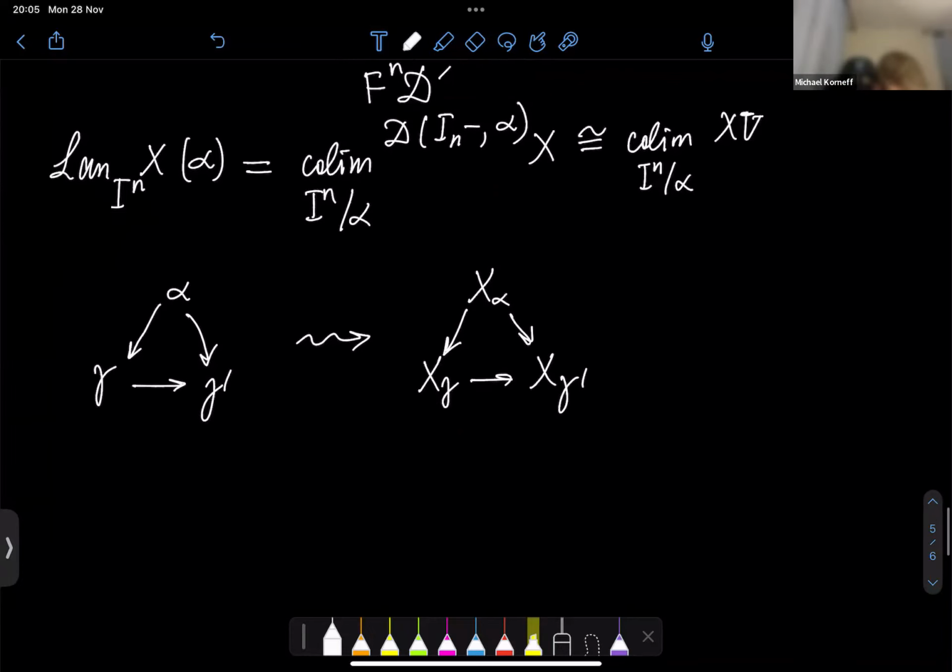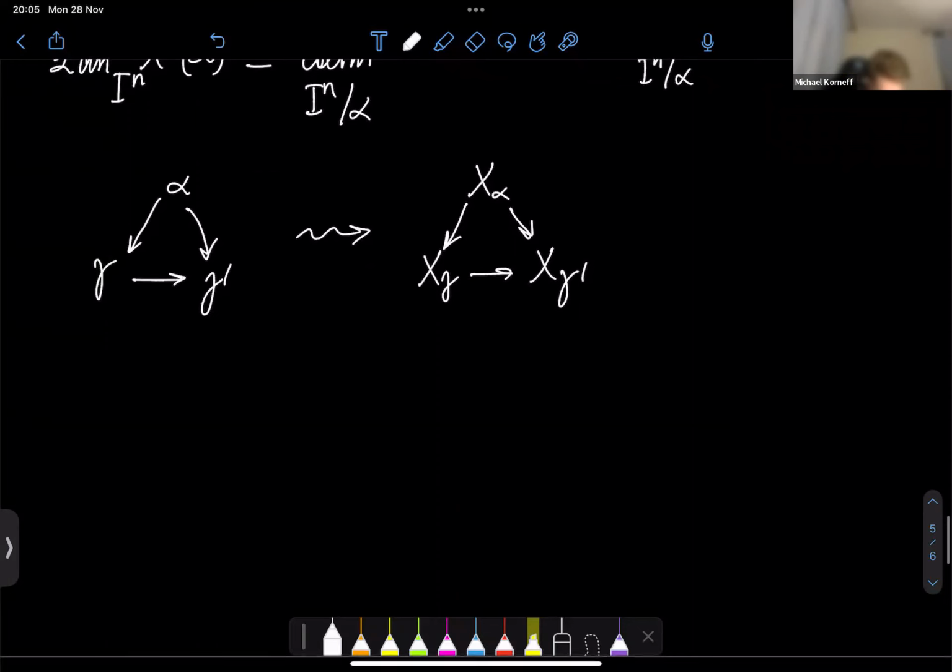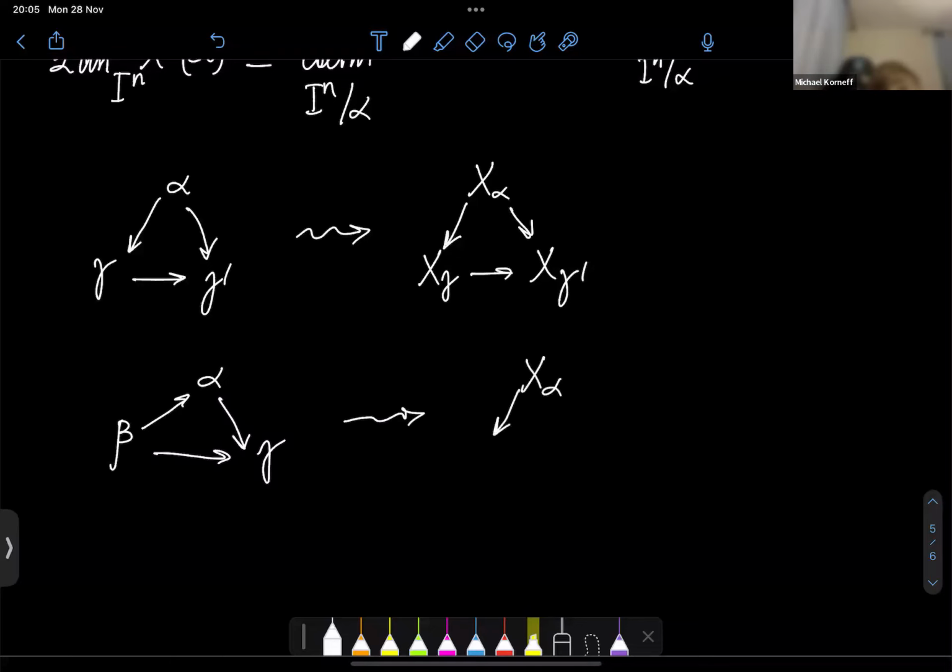And also the rest possible form of triangles is the following one. These commutative triangles should give also commutative diagrams like this.